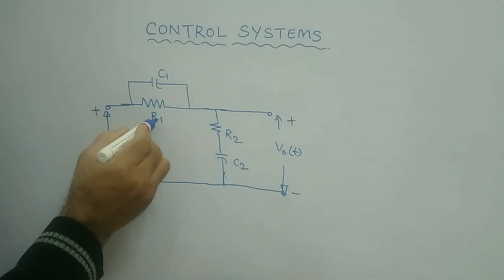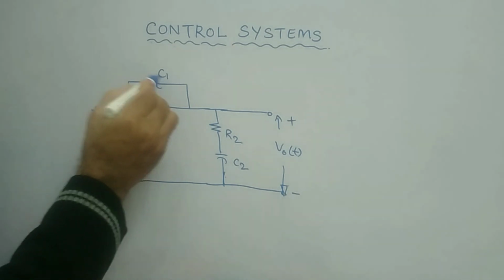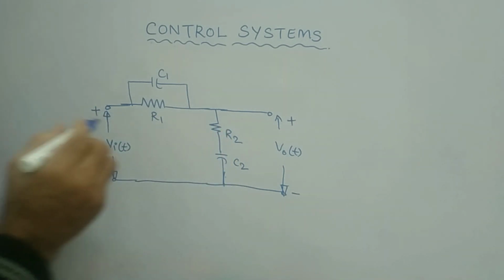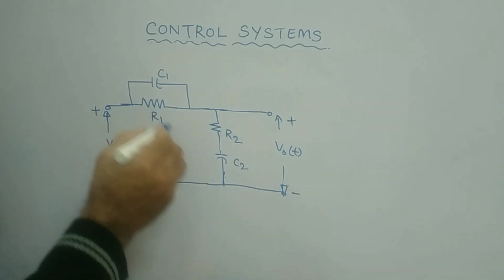In general, R1 is the resistance element, C1 is the capacitance, R2 and then C2. Let us assume that this is one loop.